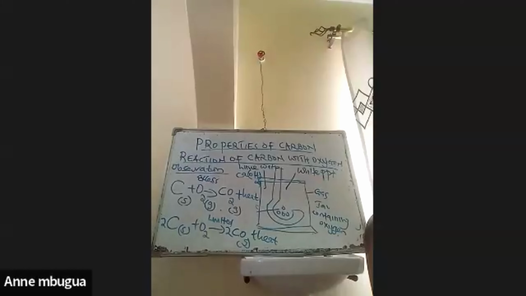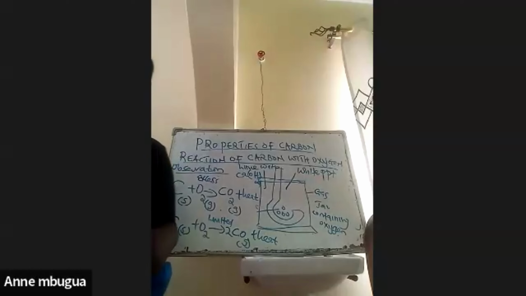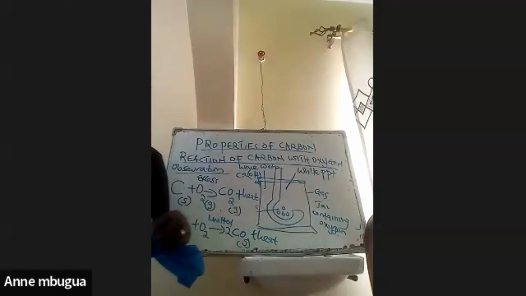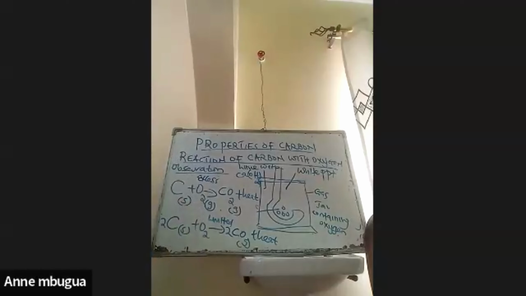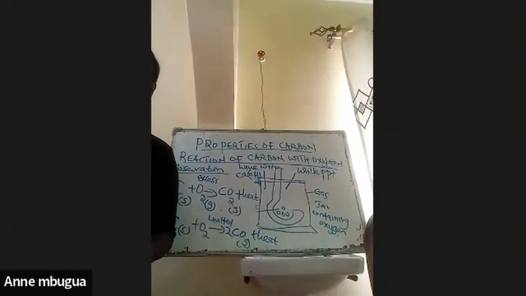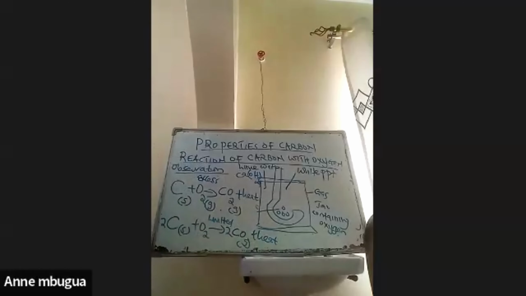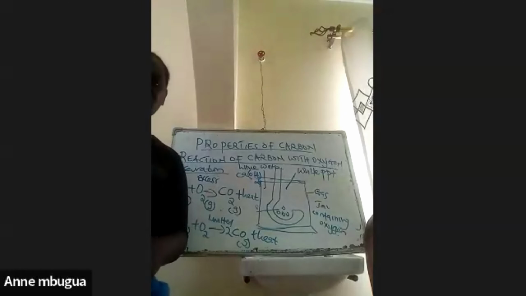And that is one of the properties of carbon and how it reacts with oxygen. In the presence of oxygen, it continues to burn even without further heating, and this is an indicator that the reaction is exothermic. For this reason, charcoal is used as a source of fuel.